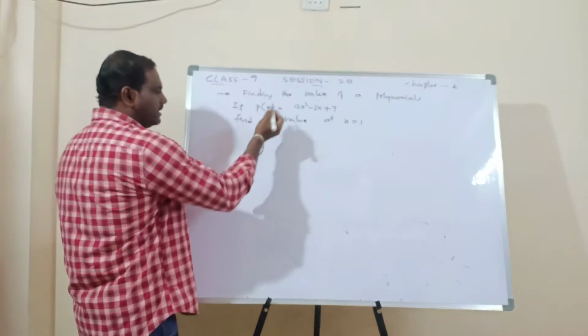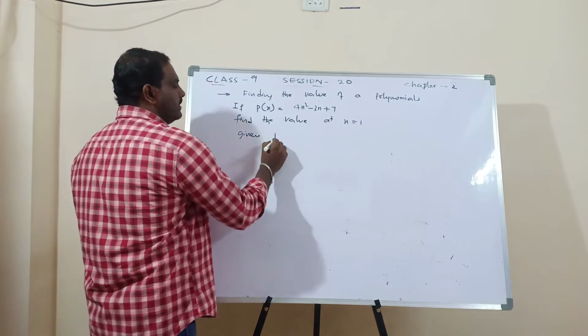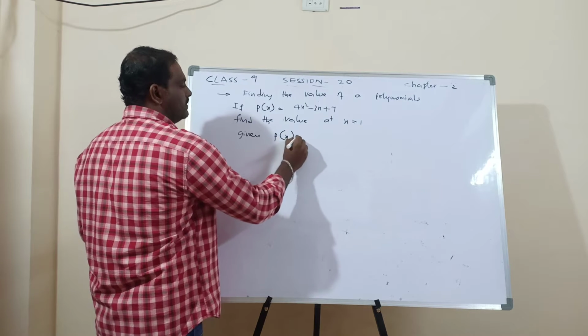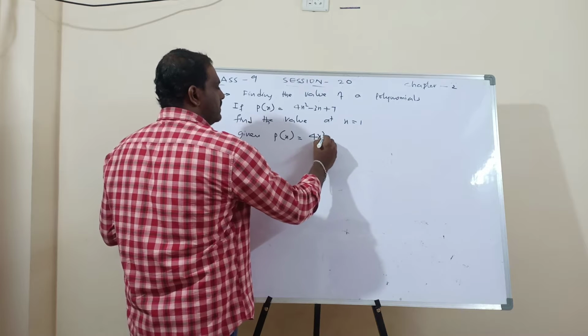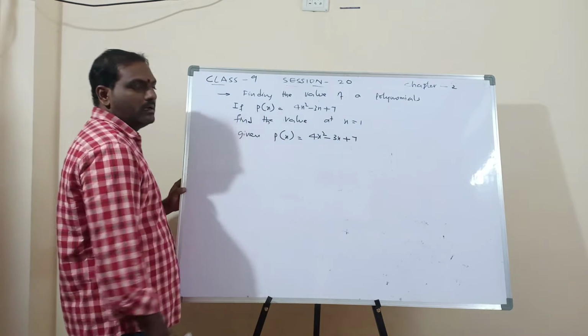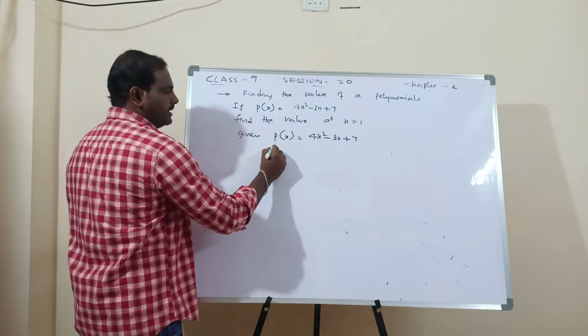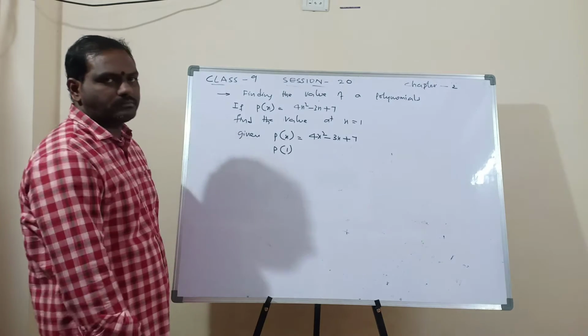It's very simple. Given p of x is equal to 4x square minus 3x plus 7. Now what we want is 1, so wherever x is there, we have to write 1.